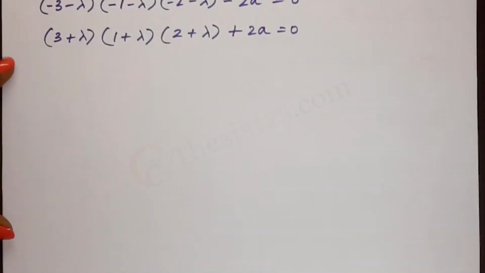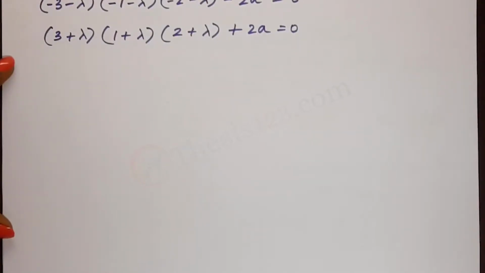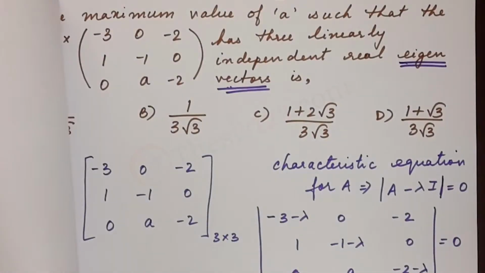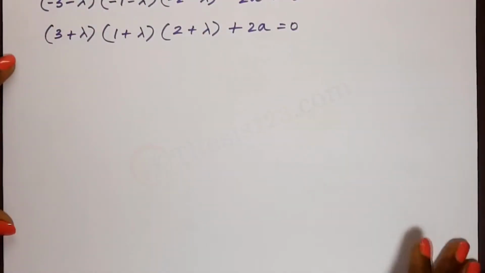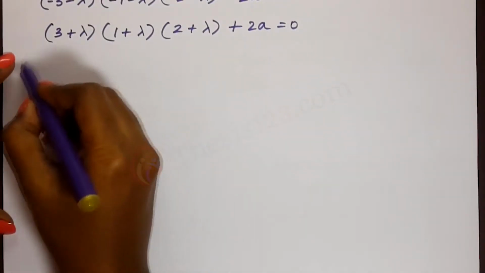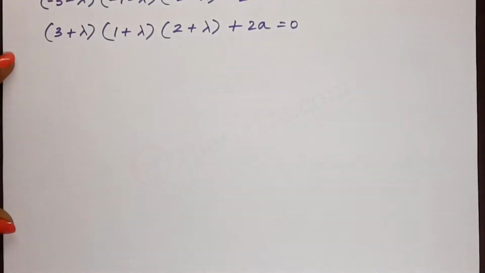Now the question tells us that the matrix A has 3 linearly independent real eigenvectors, so we would have 3 distinct eigenvalues of A. I'll write that fact down here.